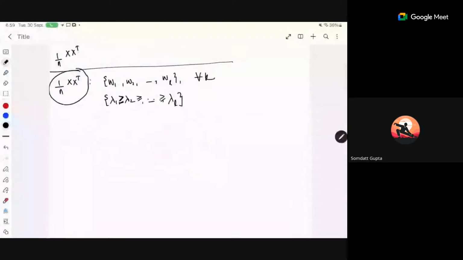Right? So if the eigenvalue and eigenvector for your covariance matrix C is this, and we know that the eigenvalues for your matrix XX transpose and your matrix X transpose X should be the same, then if lambda i's are the eigenvalues for C, what are going to be the eigenvalues for XX transpose?